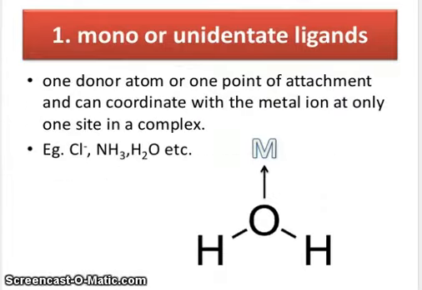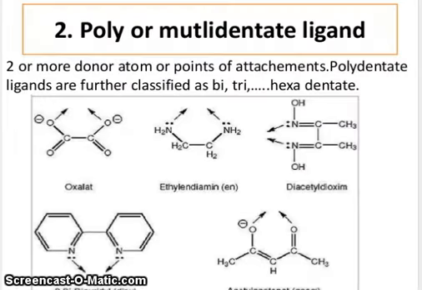So, one donor atom or one point of attachment, and it can coordinate with the metal ion at only one site in a complex. Poly or multidentate ligands have two or more donor atoms or points of attachment. Polydentate ligands are further classified as bidentate.